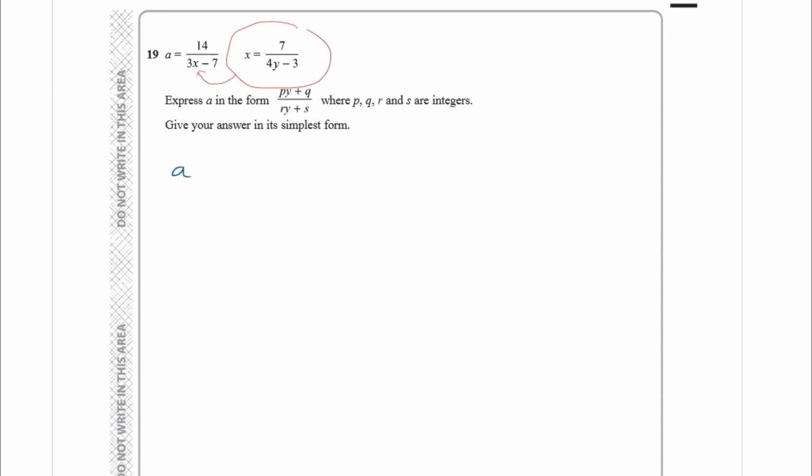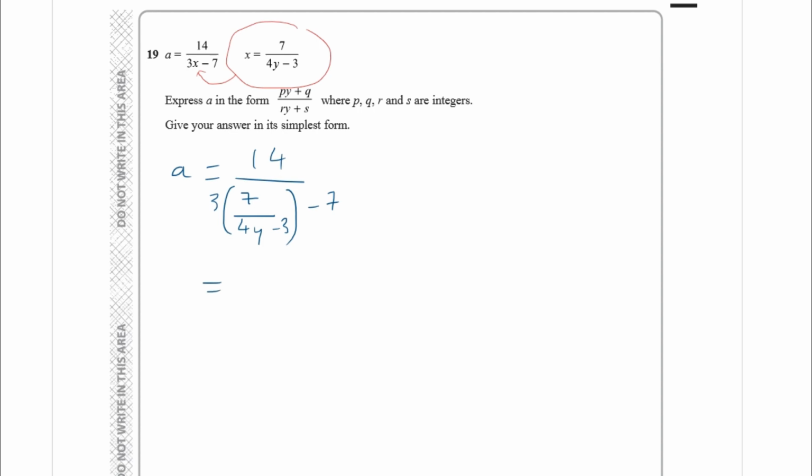So we're going to say a is equal to 14 over, and so make sure that you keep plenty of space here because you have a big bracket to involve. There's going to be some fractions and some work to do. 7 divided by 4y minus 3, and this is a whole fraction here, and this is minus 7. So let's start here.